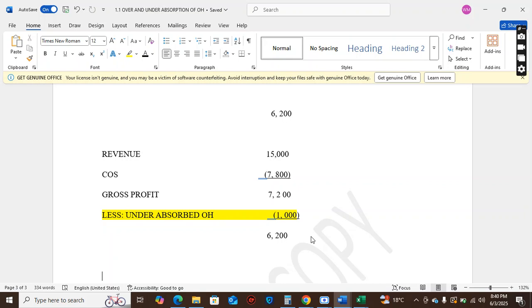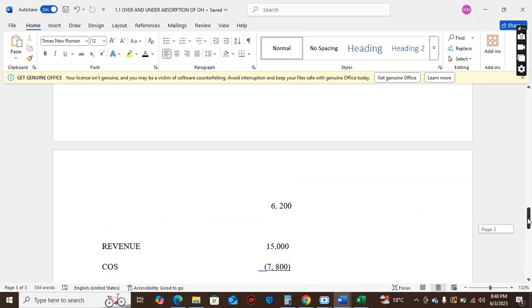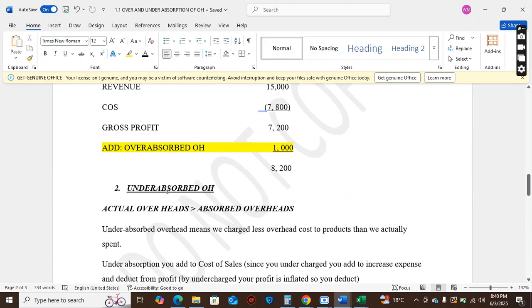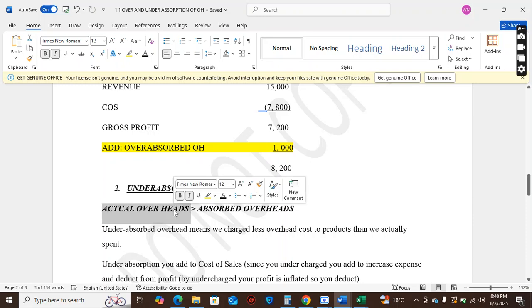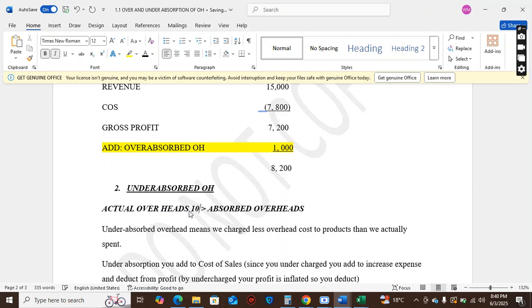All right. Yes. And under absorption occurs when your actual overheads, the overheads that you incurred that month, okay, if you incurred overheads of, let's say, 10,000 that month, and then you absorbed overheads after you've multiplied your fixed overhead cost per unit or per labor hour or per machine hour, you've got the absorbed overheads of, let's say, maybe 9,000.